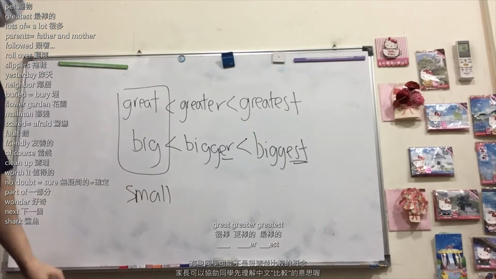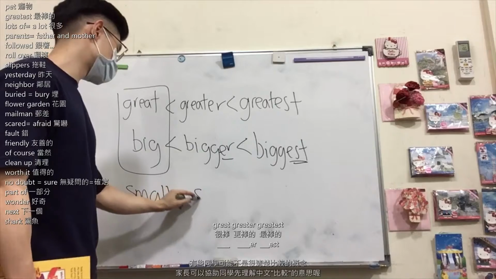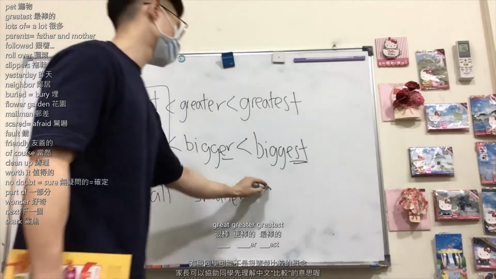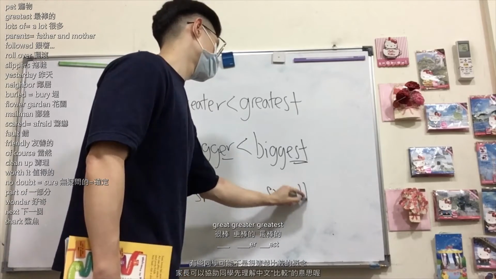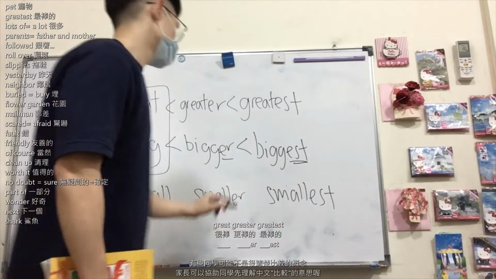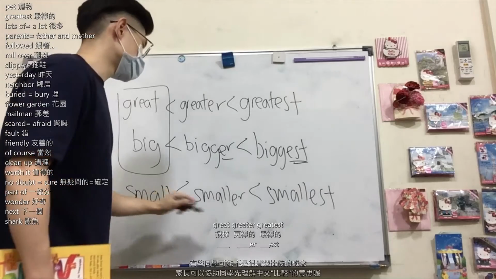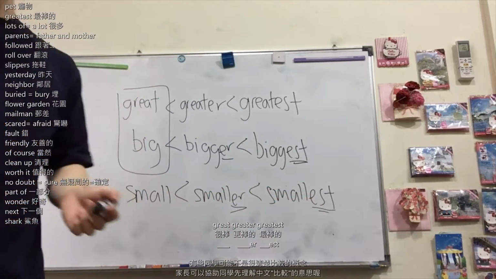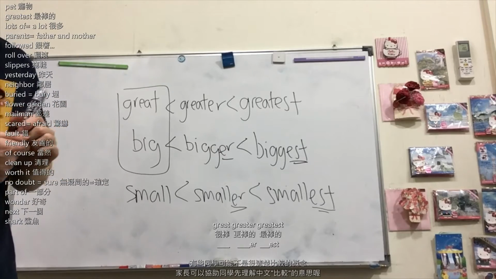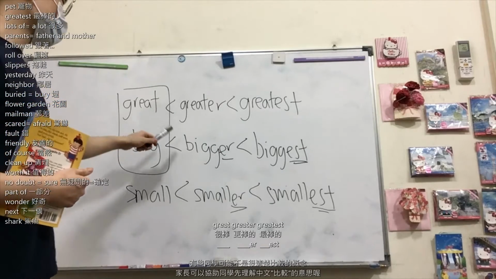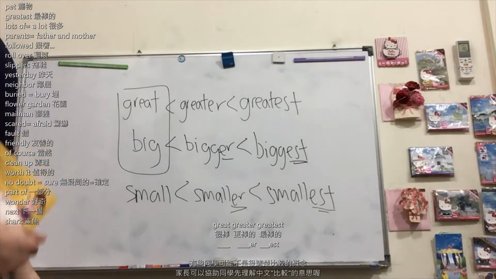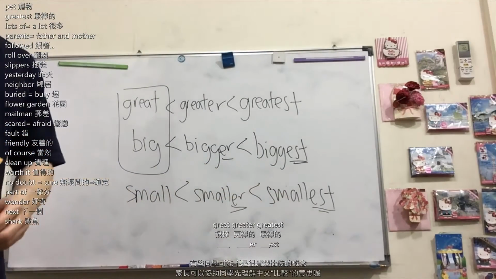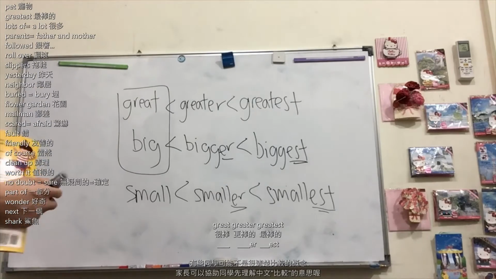We have small, smaller, and smallest. So you see the word ER or EST shows the degree of the word. These are just some of the examples that indicate degree with ER or EST at the back. So just take note of it.